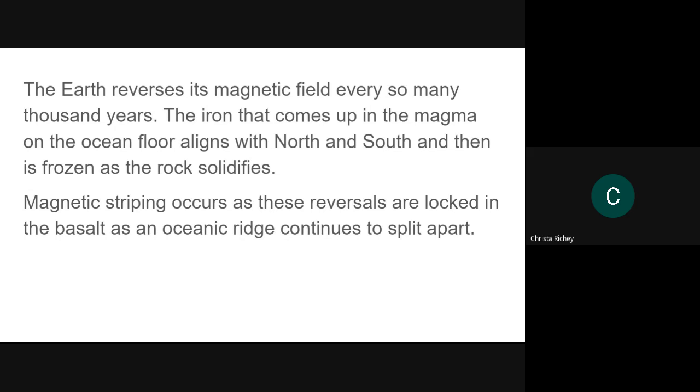Well, iron, once again, can't help itself. It's still going to align with north and south, which is now the opposite direction. It cools. It gets frozen in place. You have another magnetic reversal. Same thing happens, and you have alternating reversals of the poles that are literally frozen in that igneous basalt, in that bedrock forever. It's called magnetic striping.